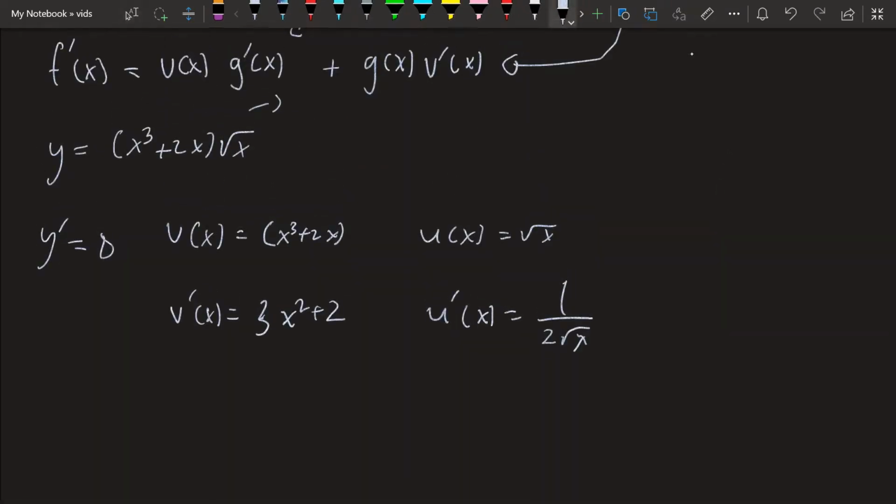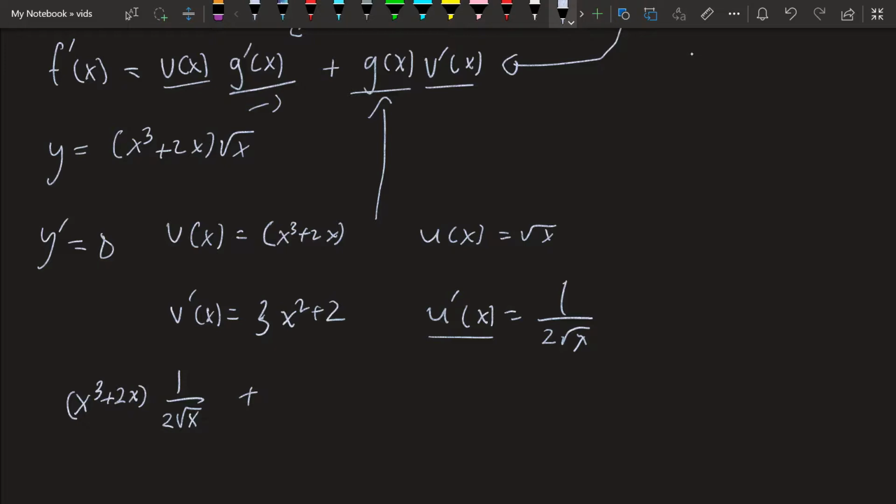And all we're going to do is substitute into this equation. So we're going to need v of x, so it's going to be x cubed plus 2x multiplied by g prime of x, or in this case u prime of x, which is just 1 over 2 radical x. And then we're going to say plus g of x, v prime of x.